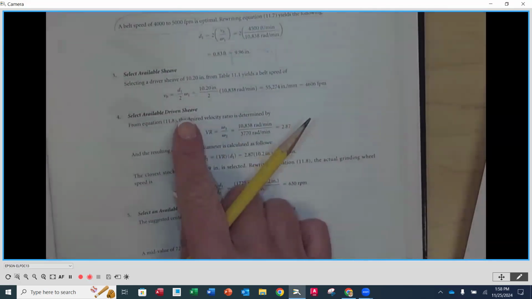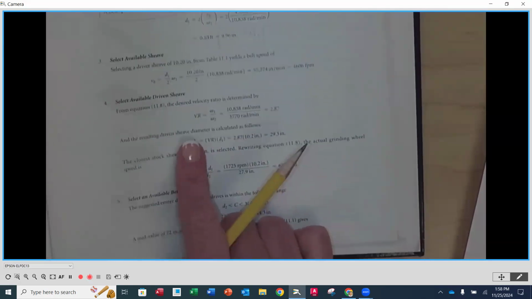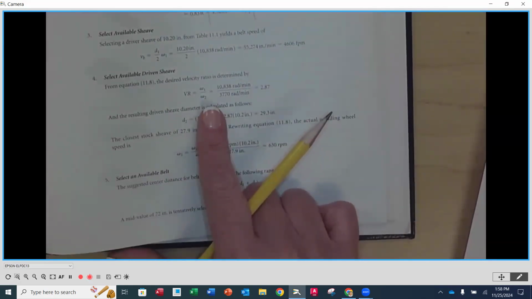So now let's look at the next step that they took. Oh, we have to determine, this is where we're at.